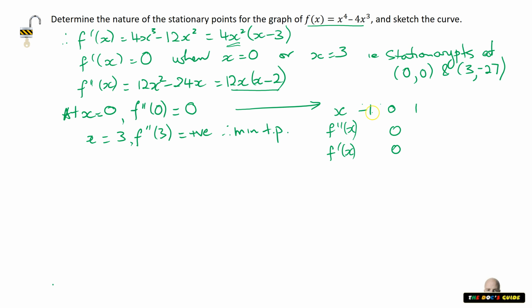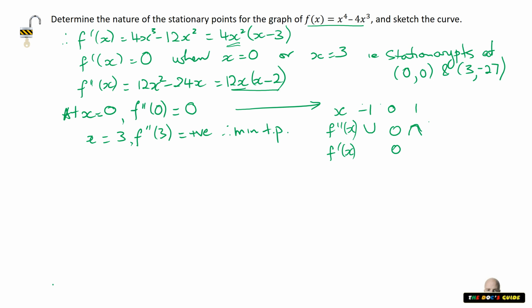When we put minus 1 into our second differential, this term will be negative, so negative 12x. This one will be negative as well, so altogether that's a positive. And if we have a positive value for f double dash, that means it's concave up. When we get to plus 1, 12x will be positive, this term in brackets will be negative, so we get negative altogether. So negative f double dash means concave down.